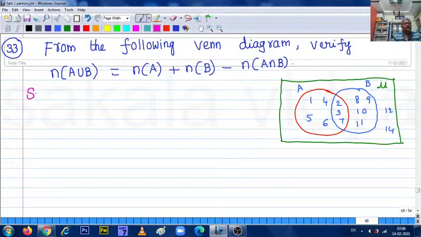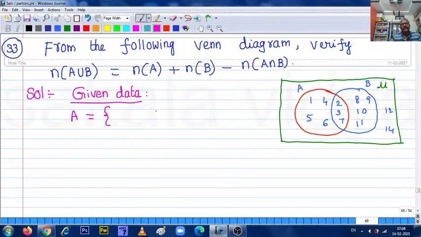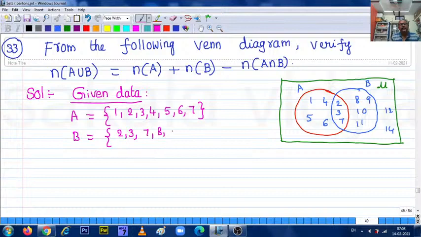So now the solution. Here given data, A equals, what are the elements present in A? A equals 1, 3, 4, 5, 6, 7. Now in B, what are the elements present in B? That is equal to 2, 3, 7, 8, 9, 10, 11.